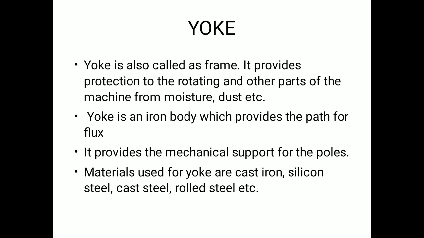It protects the rotating and other parts of the machine from moisture, dust, etc. It has two main purposes: it holds the magnetic pole core of the generator and acts as the cover, and it carries the magnetic field flux. It provides mechanical support for the pole. The materials used for the yoke are cast iron, silicon steel, cast steel, rolled steel, etc.